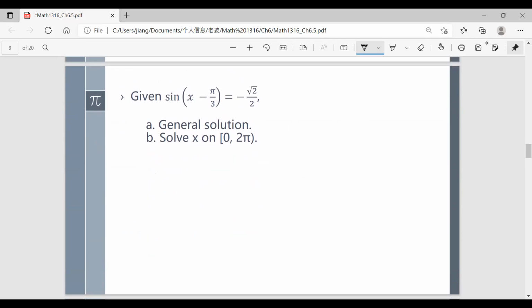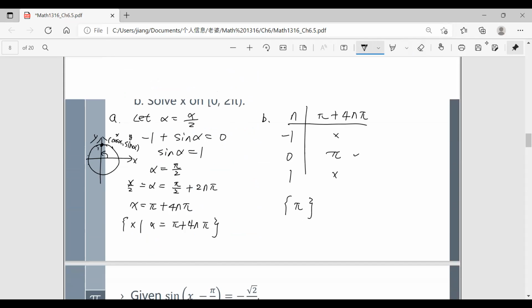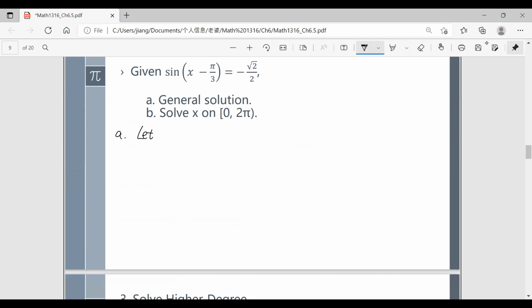For this one, the angle becomes x minus pi over 3. So let's see the general solution. The first step is also, let alpha equal x minus pi over 3.